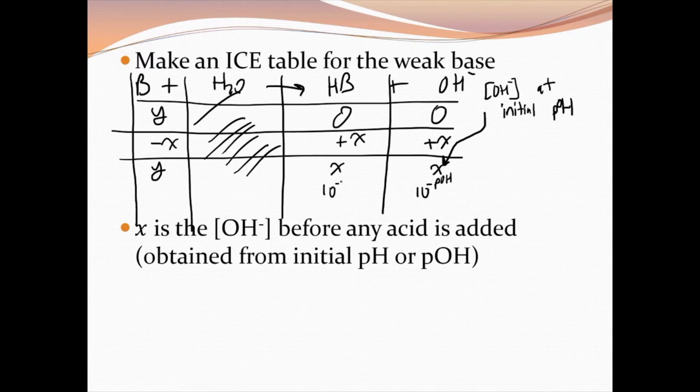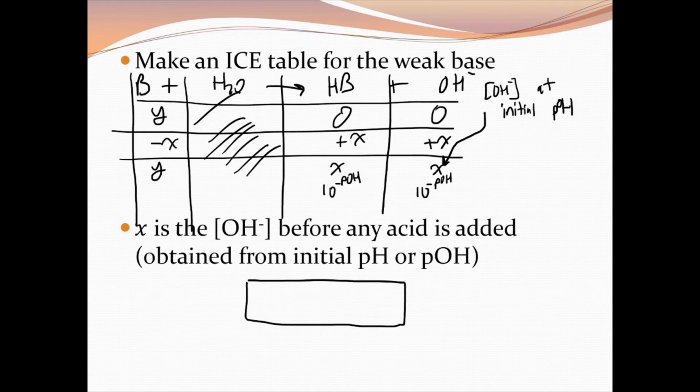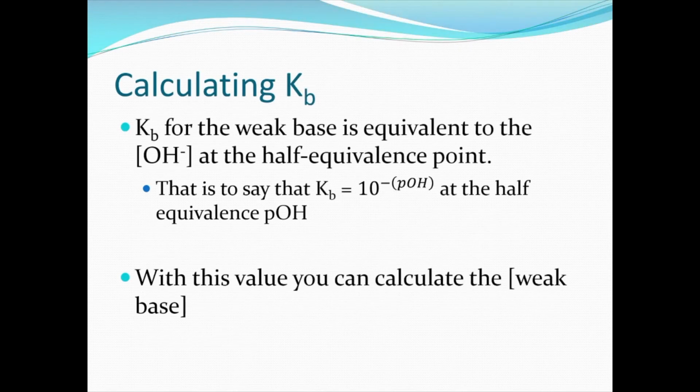And then you can calculate the concentration of the base using this equation here, recalling that the Kb comes from the concentration of the hydroxide at the half equivalence point.